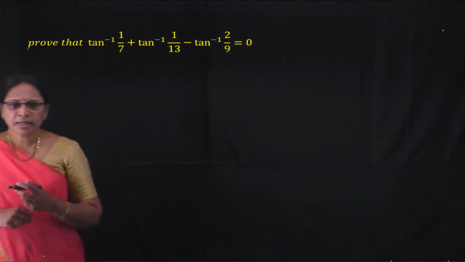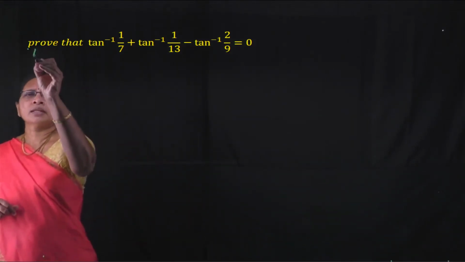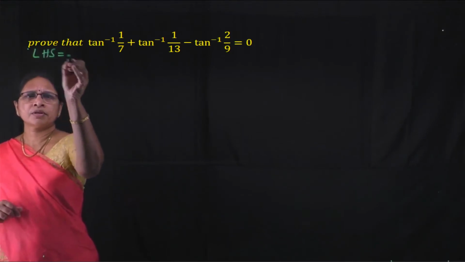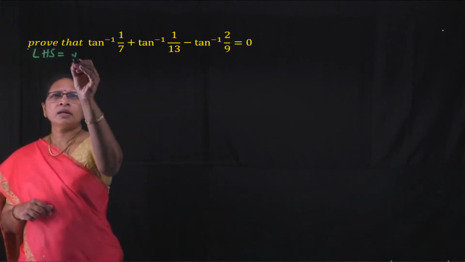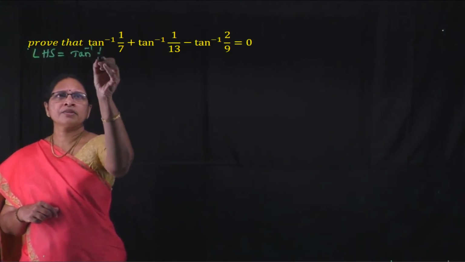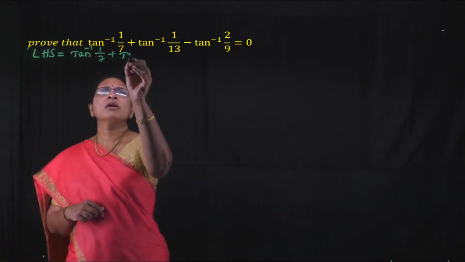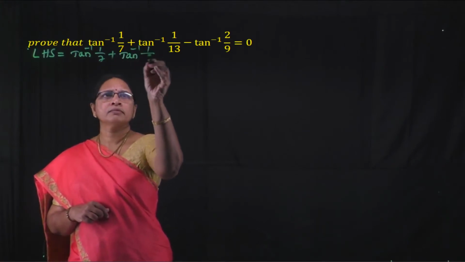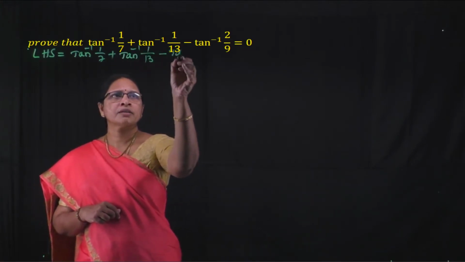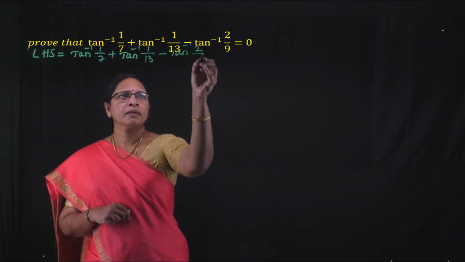Take LHS part, that is LHS is equal to tan inverse 1 by 7 plus tan inverse 1 by 13 minus tan inverse 2 by 9.